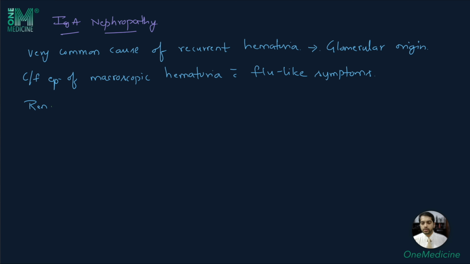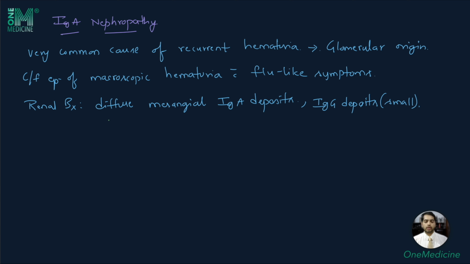The renal biopsy shows diffuse mesangial IgA deposits, and hence the name IgA nephropathy. There will be small amounts of IgG deposits as well. There can also be C3 and properdin deposition.